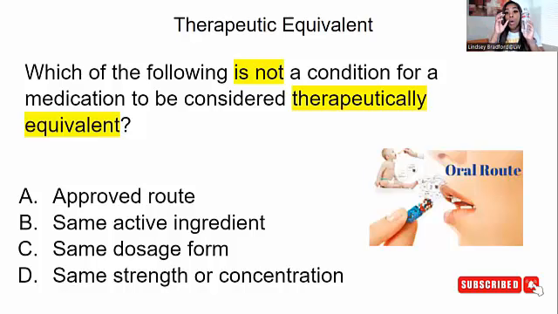Even though I take both of them by mouth and drink both of them, they're not giving me the same therapeutic equivalence, because the sweet tea won't give me the same hydration that water will. If I drink water all day, it'll hydrate my body very well. And even when I go to the restroom, I'll see it because everything will be clear. If I drink sweet tea, I'm going to have a lot of sugar.